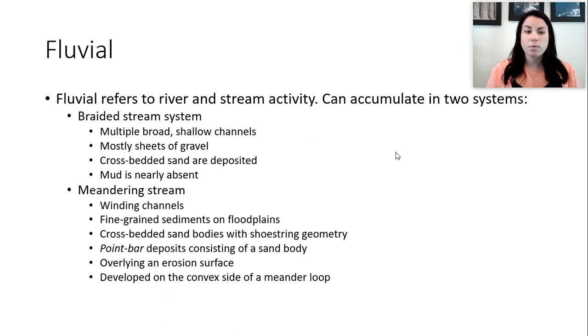Now, contrast that with meandering streams, where you have lots of winding channels, very fine-grained sediments, and point bar deposits. You might also see cross-bedding, but it's going to be a different geometry. And you have an overlying erosional surface. These are some of the features that are different between the two.